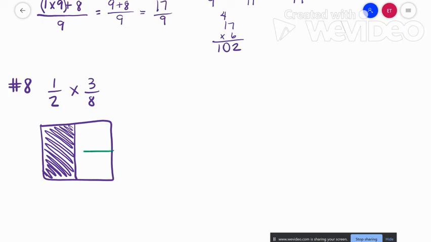So I'm going to half this, half that, 2, 4, 6, 8, and only 3/8 of it is the photo. So I'm going to shade in 1, 2, 3.